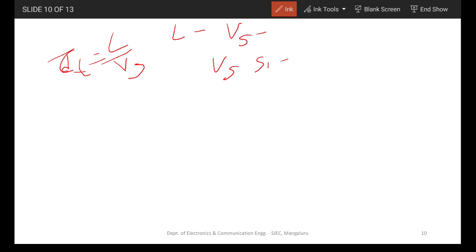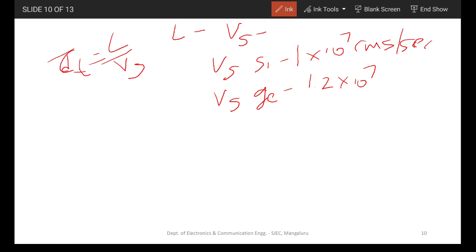For germanium we have a different value of the saturation velocity. For silicon we have the saturation velocity as 1 into 10 raised to 7 centimeters per second, and Vs for germanium is 1.2 into 10 raised to 7 cm per second.